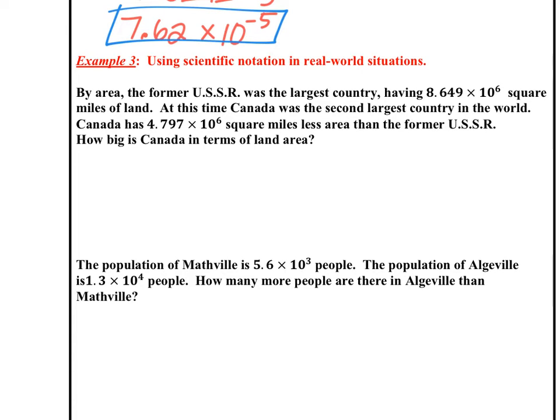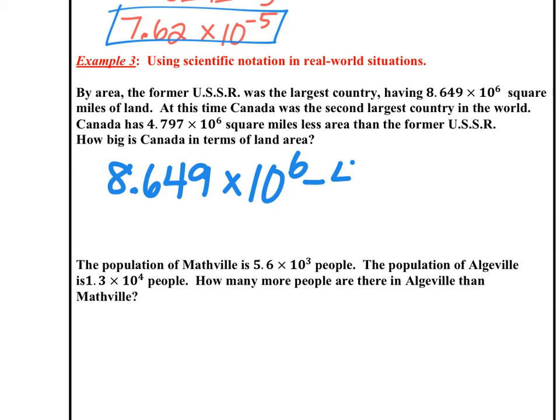The area of the former USSR, which is 8.649 times 10 to the 6th, and then subtract 4.797 times 10 to the power of 6. Awesome. So that you'll find Canada's area. Because it says less, you need to subtract. Less is a subtraction word.